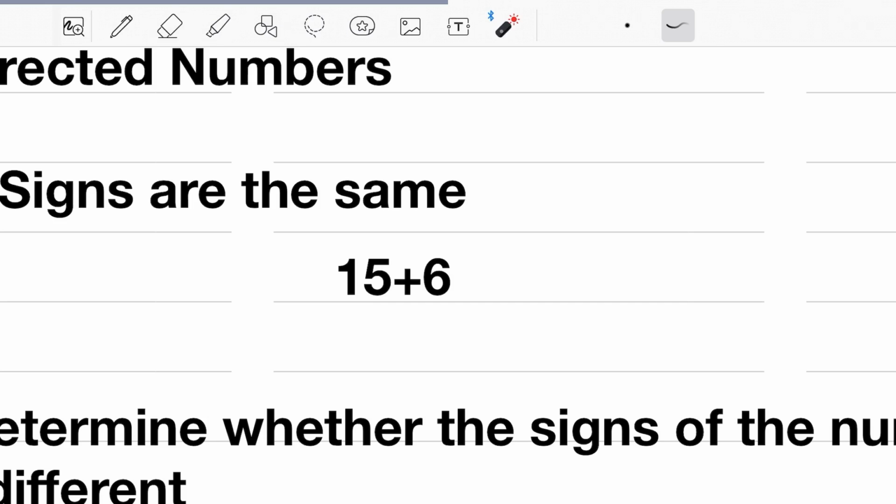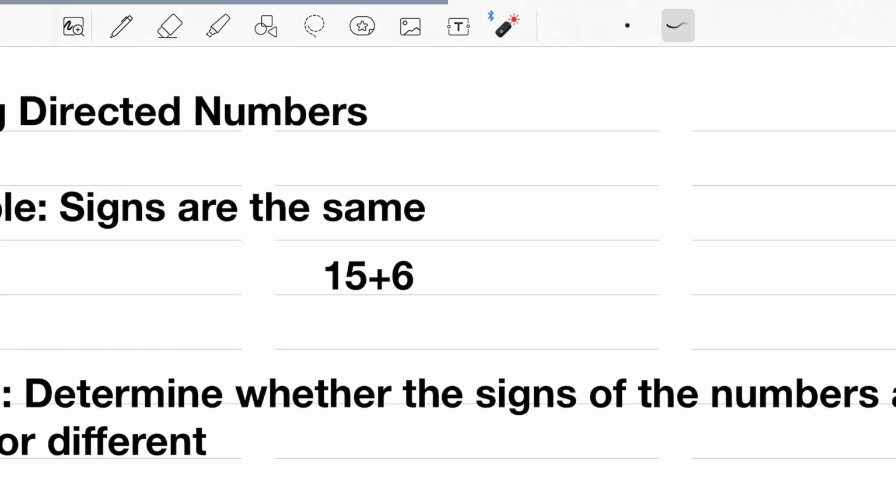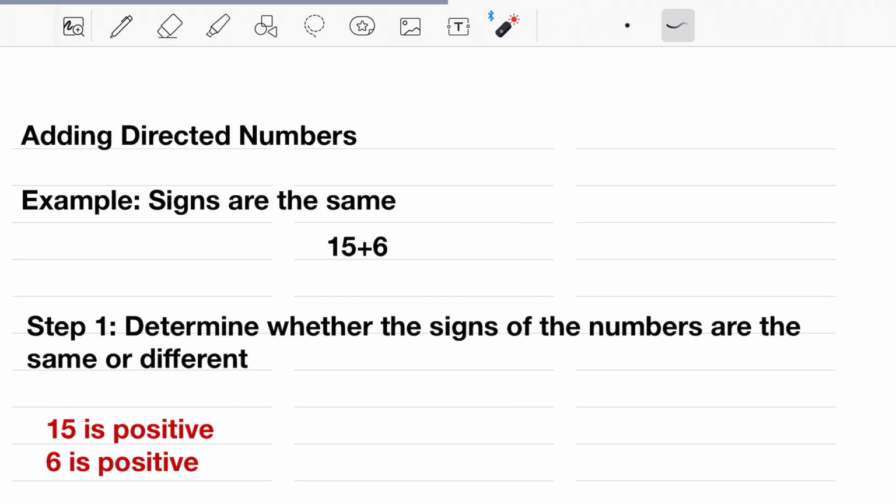If there's a positive sign or no sign at all to the left of the number, then we take that number to be positive. So in this case, 15 is positive since there is no sign before it, and 6 is positive since there is a plus sign before it. Therefore, both our numbers are positive, so the signs are the same.